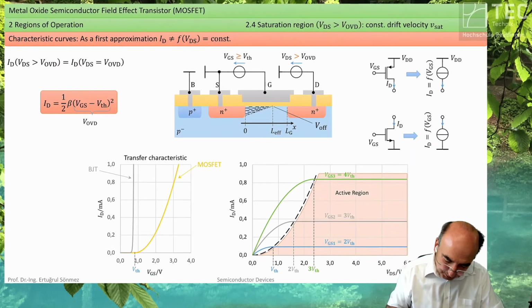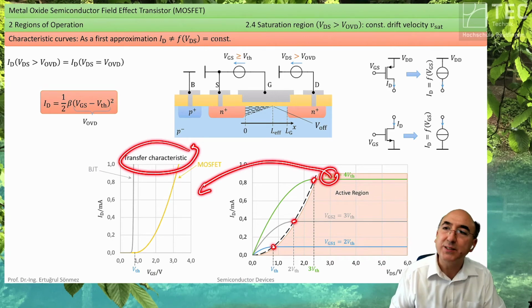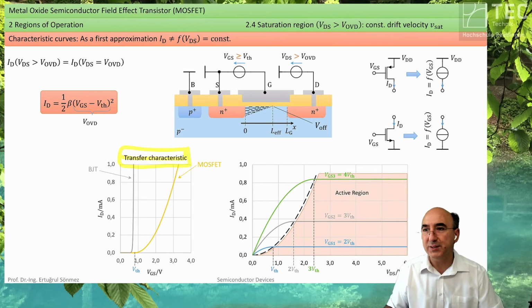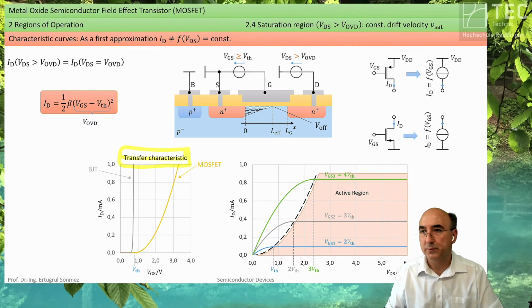That's the maximum point. If you plot these maximum points as a function of the gate source voltage, you get this very important transfer characteristics. The transfer characteristics, you can print it out and say that's the function why we do a transistor.